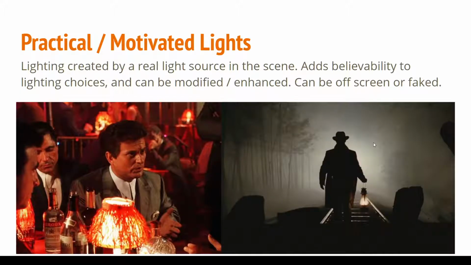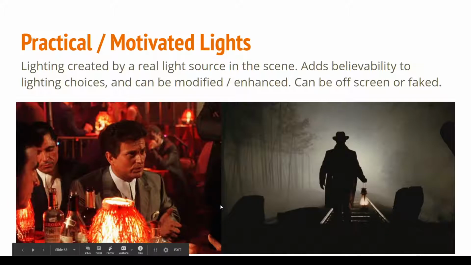Practical or motivated lights would be the light sources that are actually in the scene that you could use to indicate or motivate what the primary lighting structure in your scene is. So in this case, on the left-hand side from I think Goodfellas, you have all this lighting in the restaurant, and we even have these table lights that might be lighting the characters.